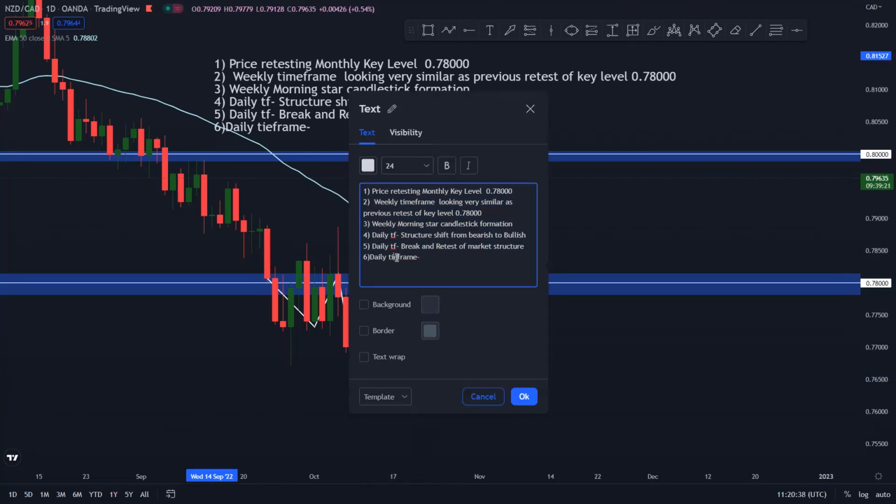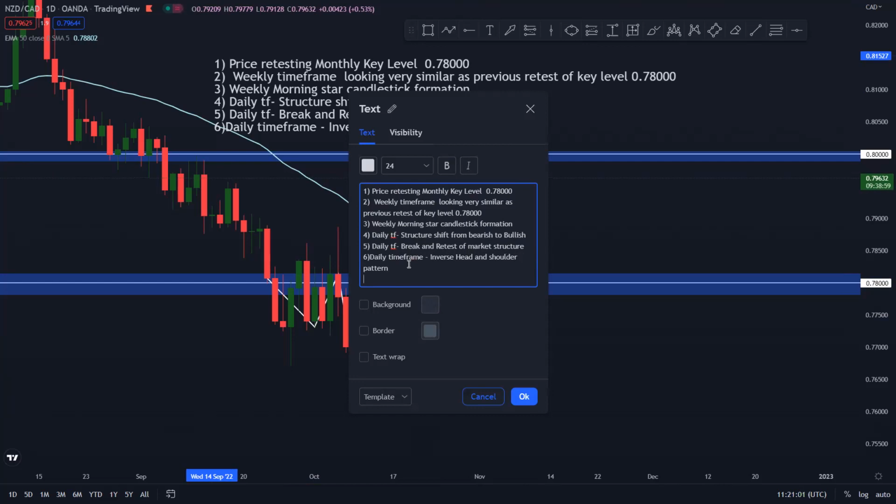We have a daily time frame. Clearly, you can see a daily time frame inverse head and shoulder pattern, with the neckline clearly broken.